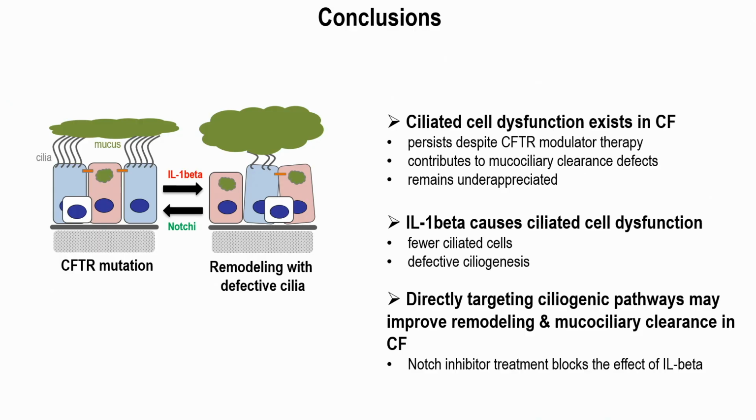We have shown that IL-1 beta does cause ciliated cell dysfunction, and we see fewer ciliated cells, as well as defective ciliogenesis and defective ciliary function, and that directly targeting the ciliogenic pathways could improve remodeling and mucociliary clearance in CF. We have shown preliminary data with notch inhibition blocking the deleterious effects of IL-1 beta that we observed.